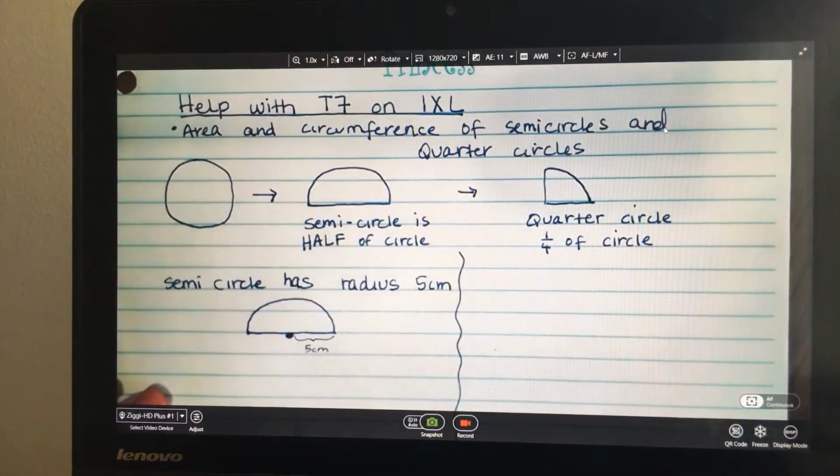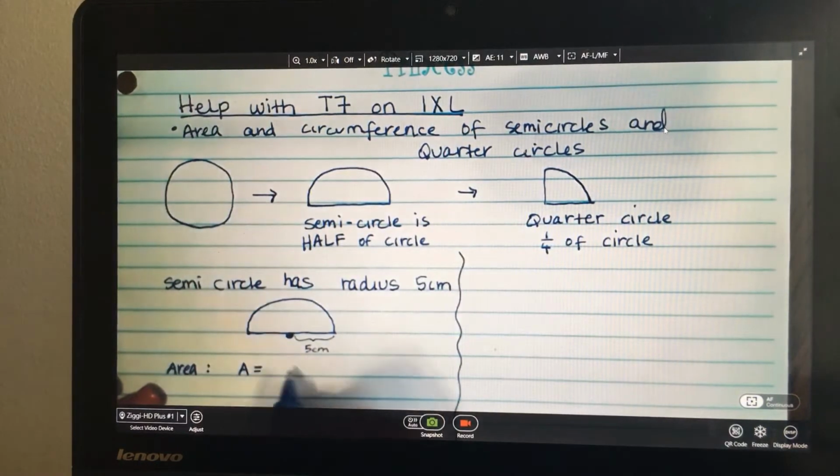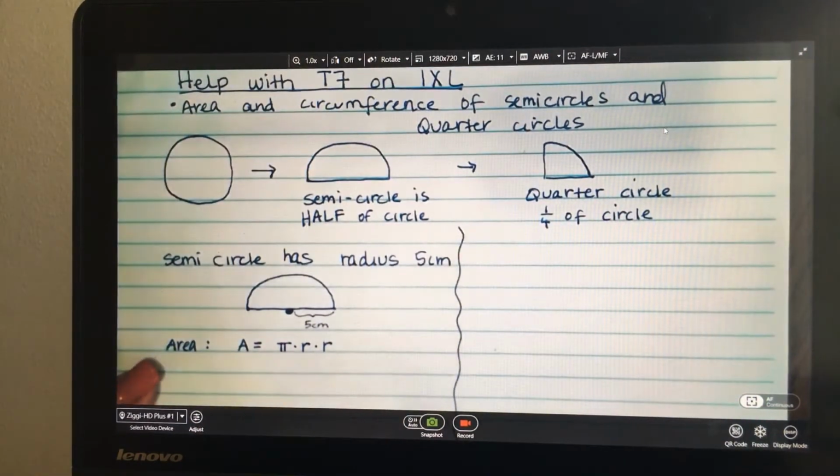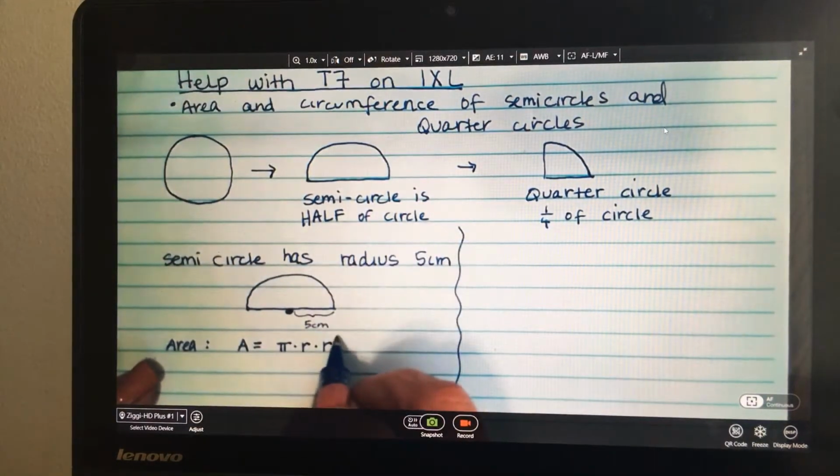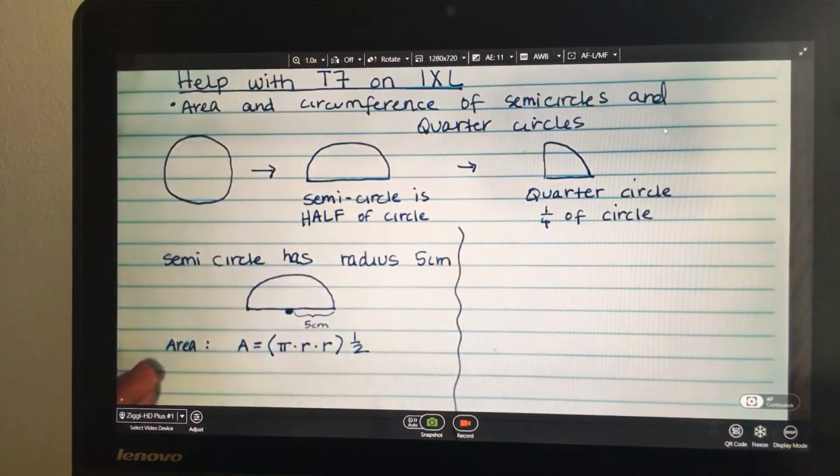If we take a look first at finding the area, we know that the area of a circle is equal to pi times radius squared. Again, remember I said I like writing it out as radius times radius. If that's the area of a full circle, a semicircle being half of a circle means we're going to take our answer and multiply it by 1/2. So in our case, 3.14 times radius 5 times radius 5, and then we want half of that.